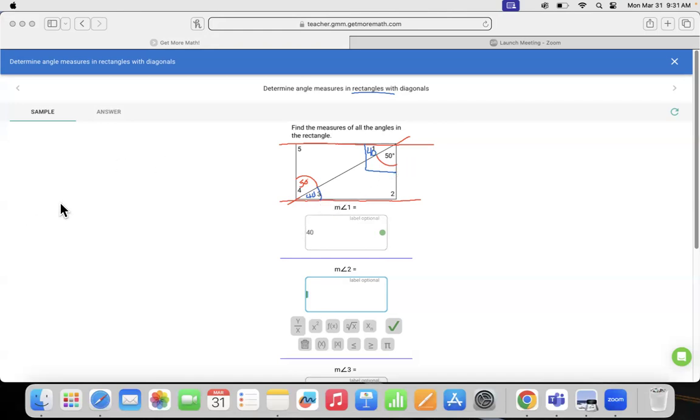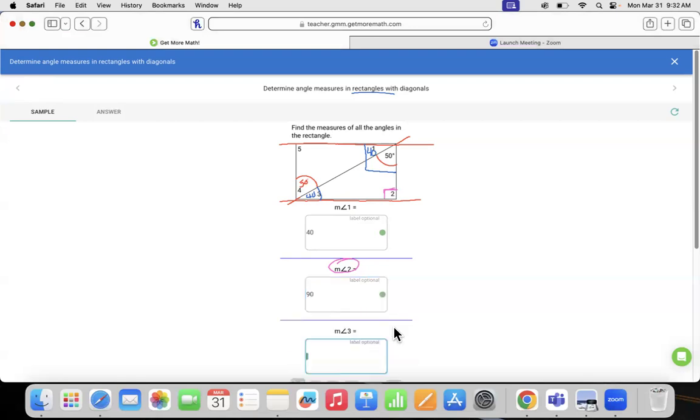Okay, then if we look at this, it wants to know the measure of angle 2. Well, again, we know that this is a rectangle, which means that these are 90-degree angles. So let's type in 90 here. There we go. And then angle 3, I already identified because they're alternate interior angles. So that was 40.